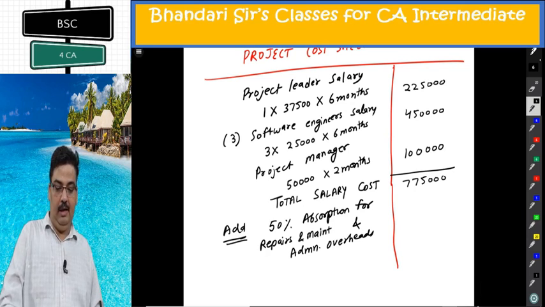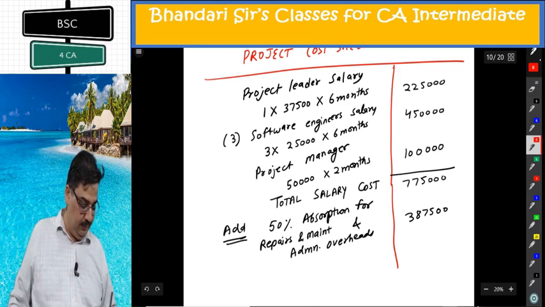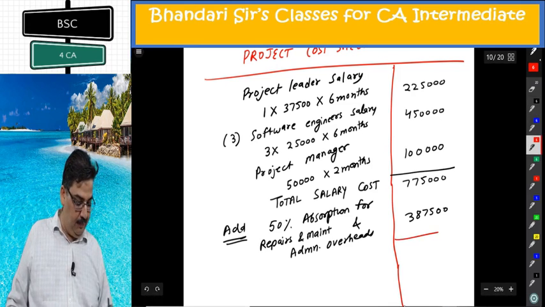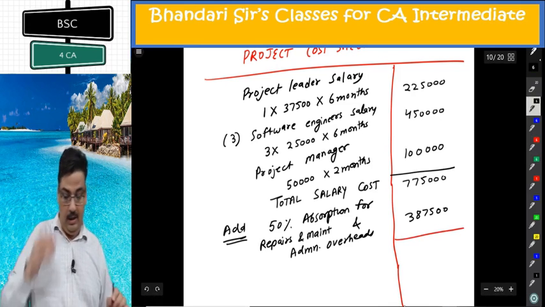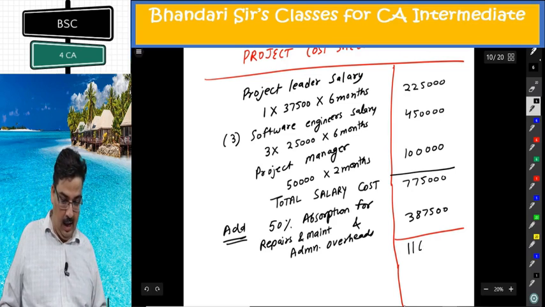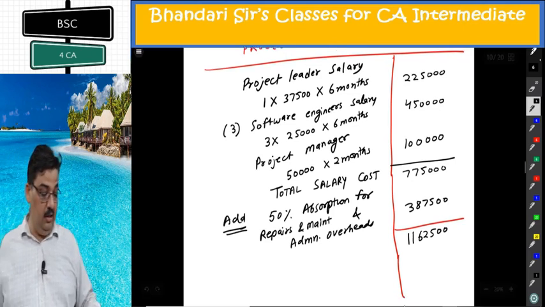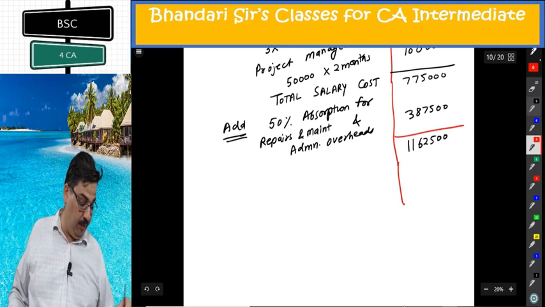So 7,75,000 into 50%, that is 3,87,500 is the absorption for few overheads that we are having. If I add them, I am getting 11,62,500. Now in addition to this, there are specific project specific more cost.